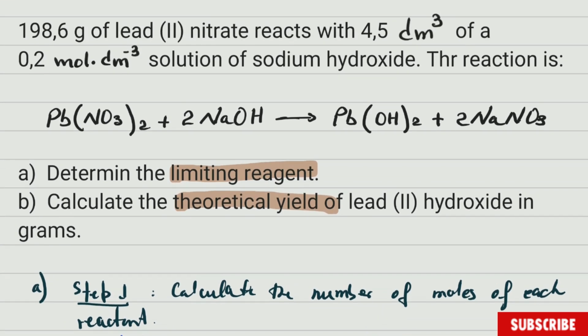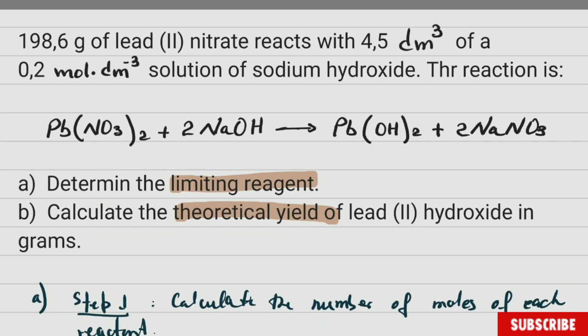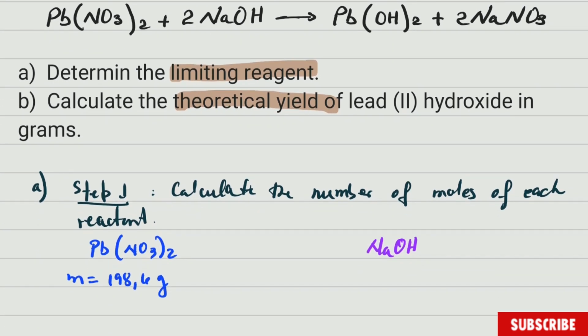You have the volume of the solution, be careful, and then we have the concentration of a solution. I say be careful because people attempt to confuse this one only for gases all the time. So for this one we have the volume of this specific solution, which was 4.5 cubic decimeters, and we have the concentration of that one, which is 0.2 mole per cubic decimeter.